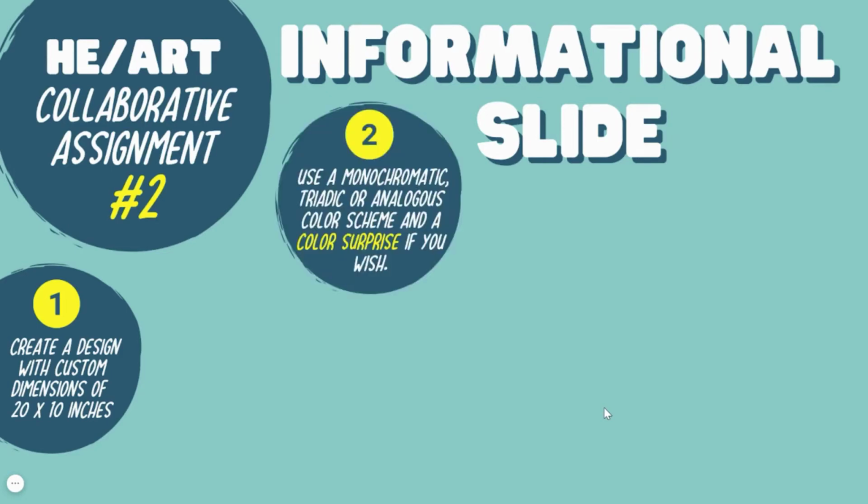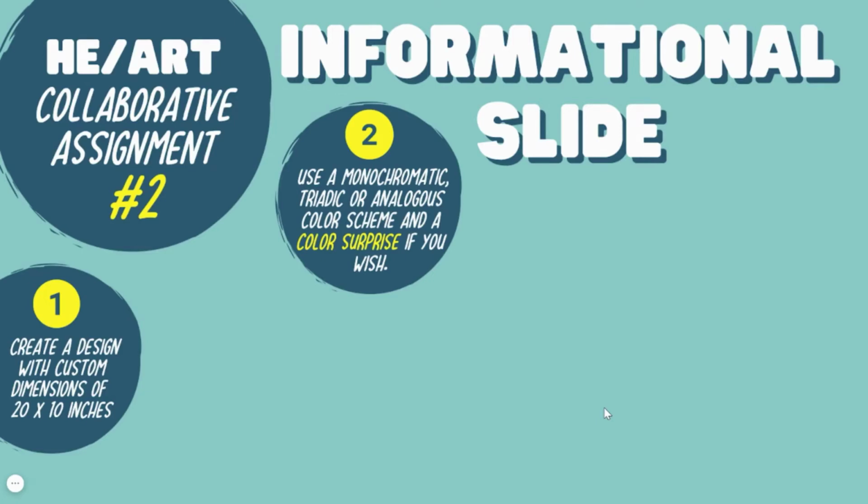Okay, number two, we're asking you to use either a monochromatic, triadic, or analogous color scheme. So you're choosing one of those three. Please feel free to go back and refer to the videos, refer to your workbook if you need a refresher on what those are, or obviously you can ask.